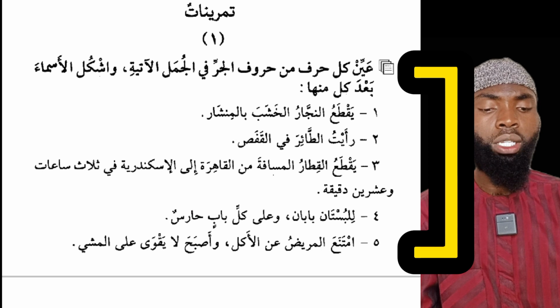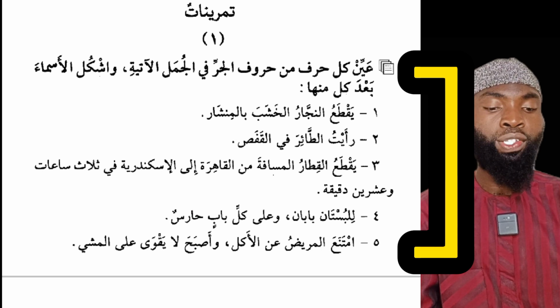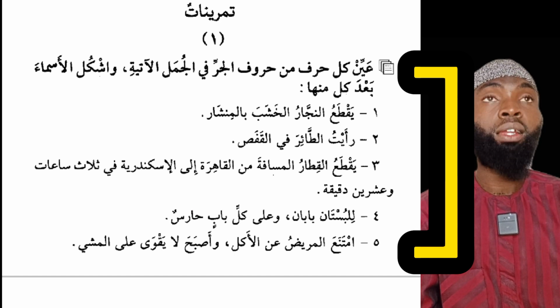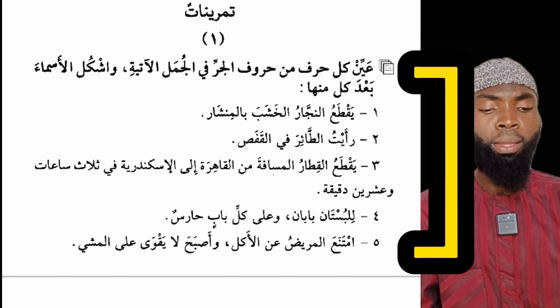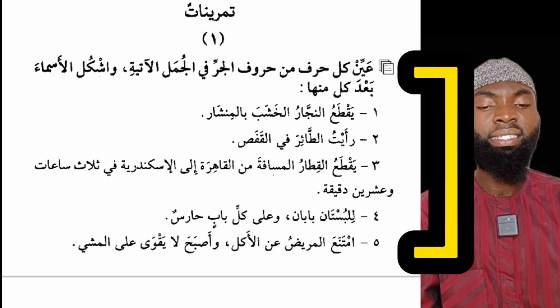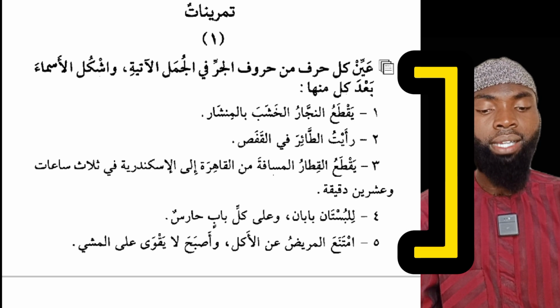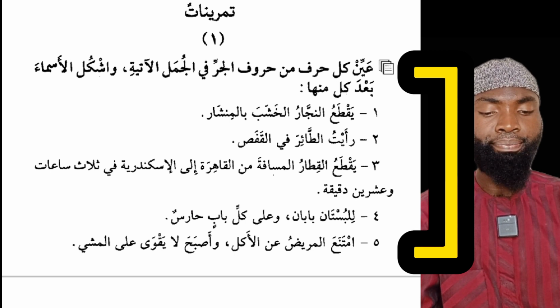Number 2, we have ra'aytu at-ta'ira fil-qafasi. I saw the bird in the cage. So fi is the harf al-jar, and al-qafas should be al-qafasi with kisra. Number 3, we have yaqta'u al-qitaru al-masafata min al-qahirati ila al-iskandariyyati fi thalathi sa'atin wa 20 daqiqa. The train covers a distance from Cairo to Alexandria in 3 hours and 20 minutes.